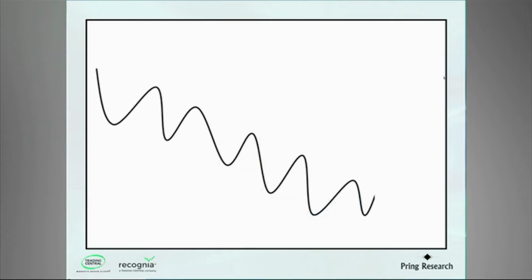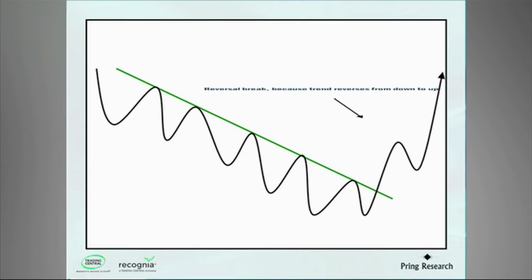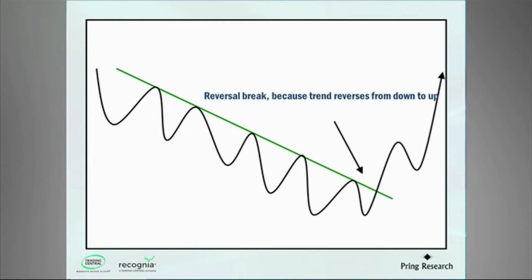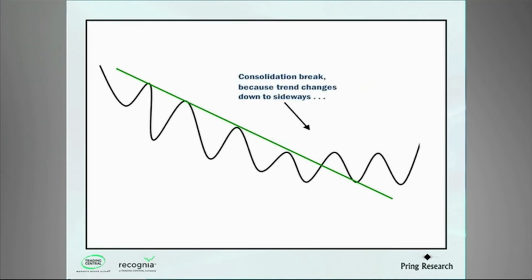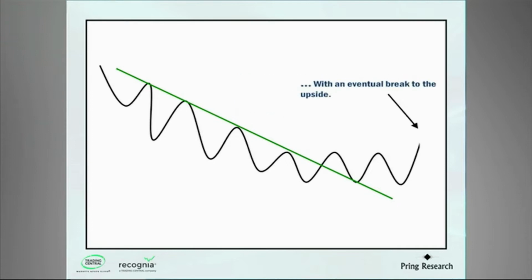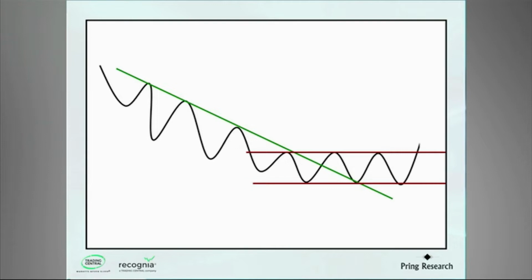In this instance, the downtrend line break is followed by a reversal. But for this one, it's a consolidation, which is later followed by a breakout to the upside. These brown lines are, of course, also trend lines, and are just as valid as potential support resistance zones.